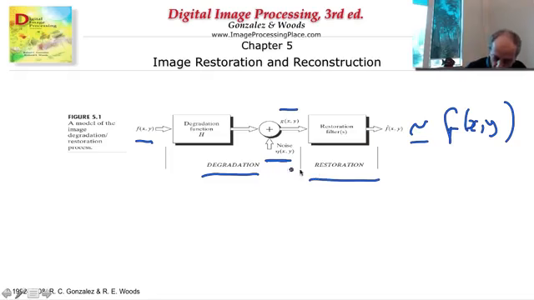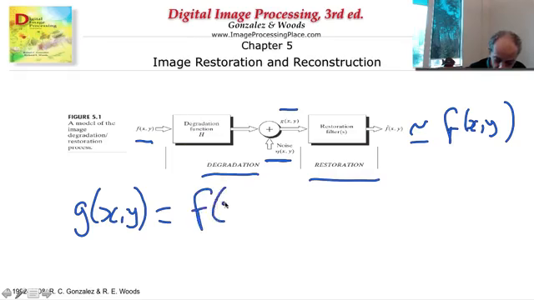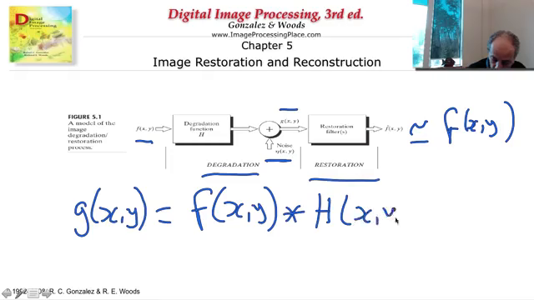So what's the model that we have here? How was G produced? G is the result of F going through the degradation. So we have f(x,y) convolved with h(x,y). That's the degradation model, and normally it's assumed that it's a linear operation, so it's a convolution, and we add to it the noise.